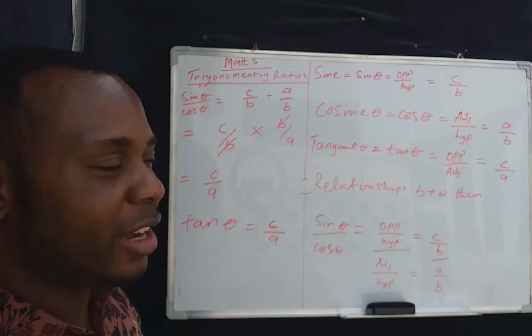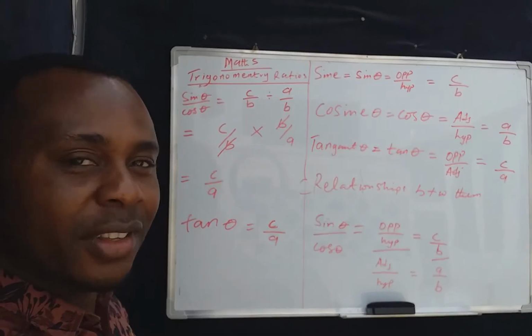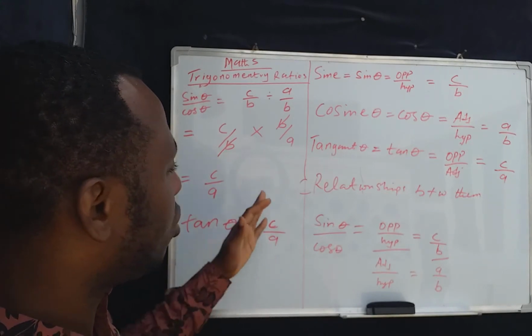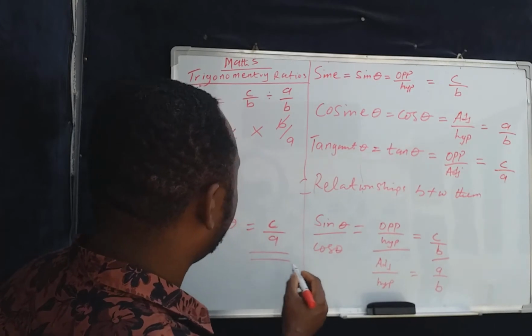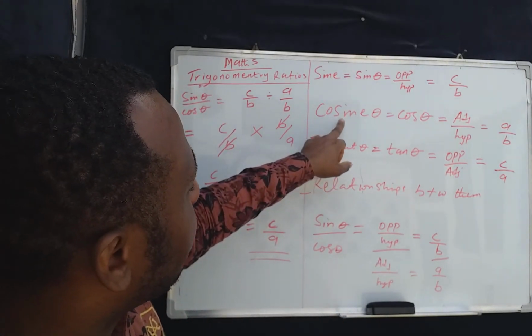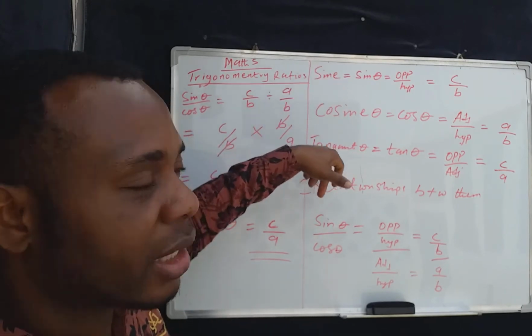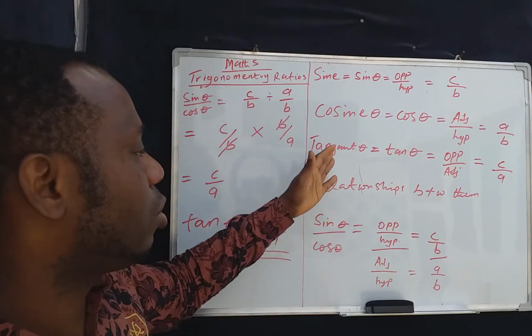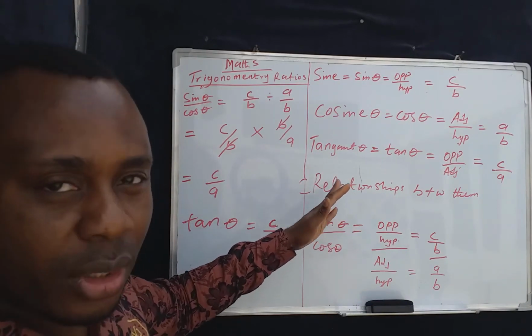Go through it. If you have any question, you ask. Leave it at the comment section. Because we're going to still derive more. We have already gotten one. This is tan theta. So we're going to still combine the relationship between cosine and sine. But this one now, cosine will be up and sine will come down. So we're going to still go through it now. And after that, we know what we're going to get.